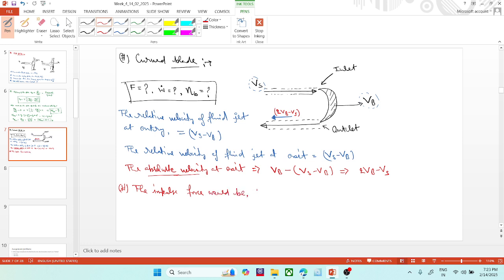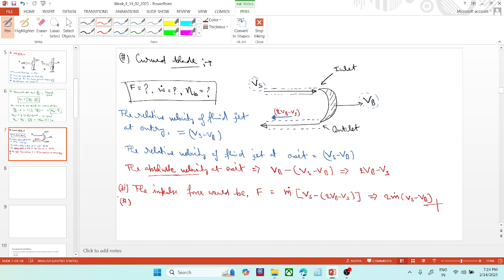The impulse force F is equal to the rate of change of momentum. So the initial velocity is Vs and the final velocity is 2Vb minus Vs. This value will come out to be 2m dot into Vs minus Vb. So this is the expression for the impulse force.